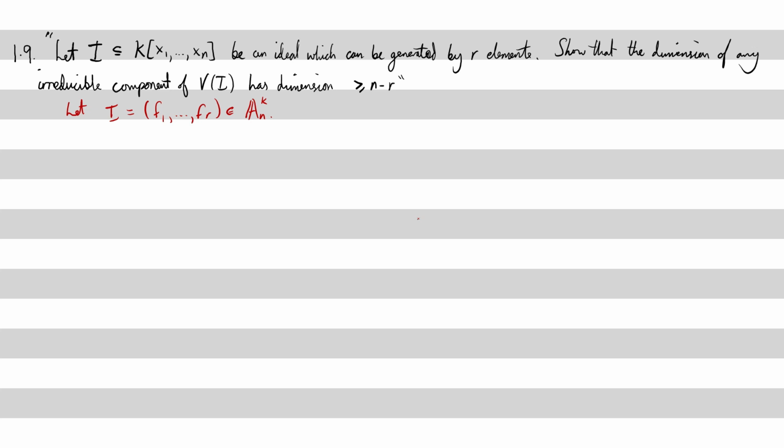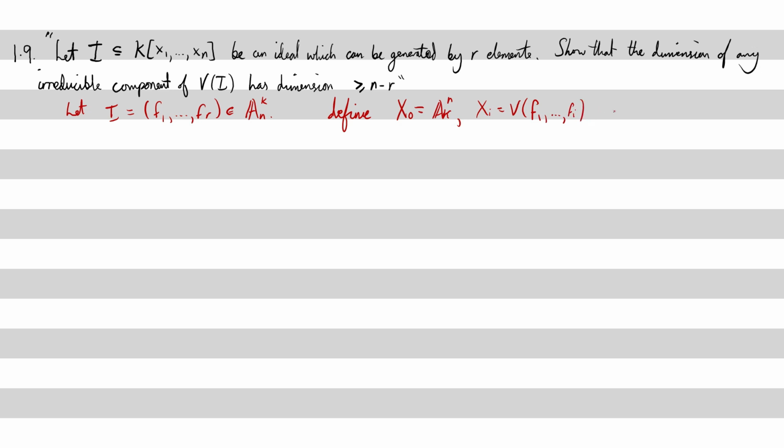What we will be doing is defining a bunch of algebraic sets. Firstly, X0 is A^n over k, and then Xi is going to be the vanishing set of f1 up to fi.